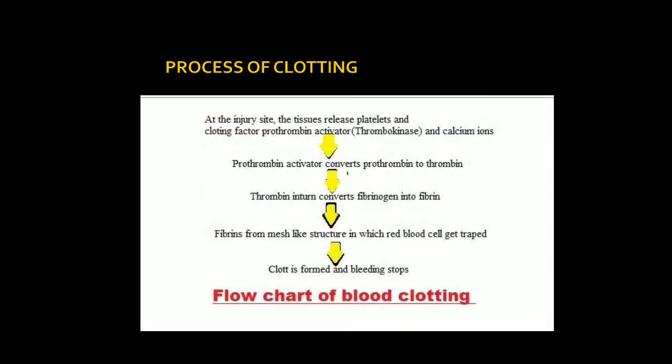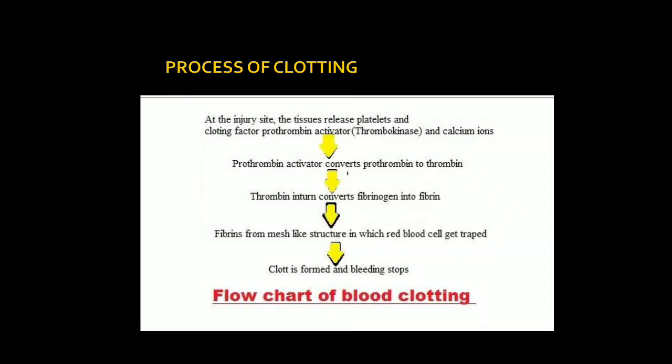Now, children, whenever an injury occurs, at the site where the injury has occurred, what happens? The tissue releases platelets, a clotting factor known as prothrombin activator, or thrombokinase, and calcium ions.